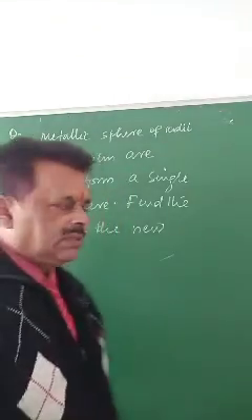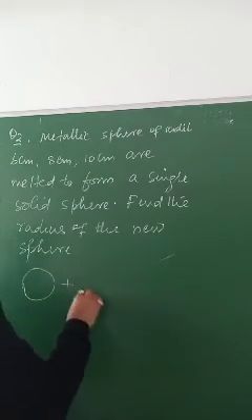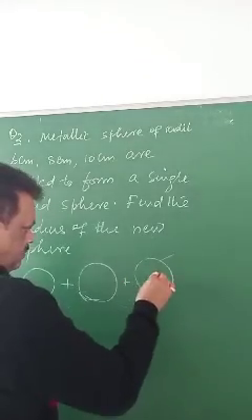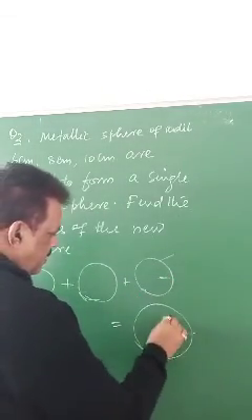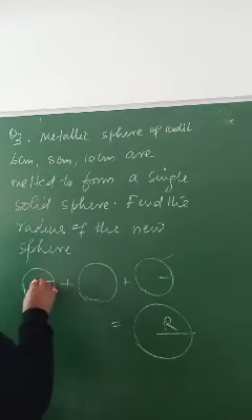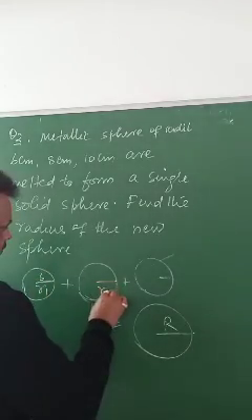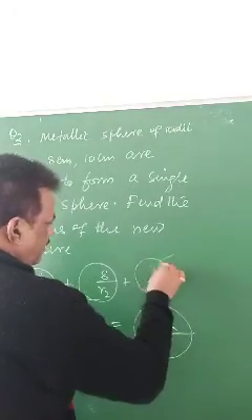Same thing, method is same. 1, 2, 3 equals a bigger one, R. This is R1, 6, R2, 8, R3, 10.